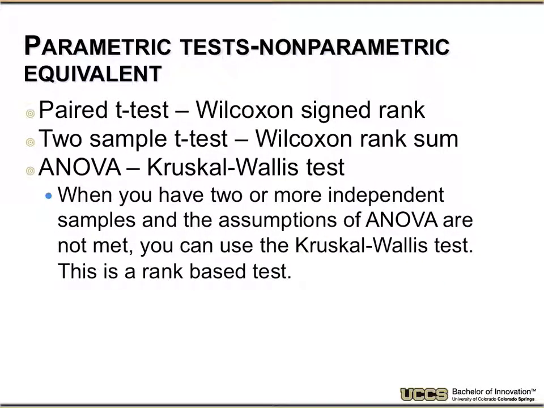Okay, so there's a couple of analogies we're going to do. These are the equivalents. I'm going to spend a lot of time on these first three: the paired t-test, the two-sample t-test, and the ANOVA. Their equivalents in the non-parametric form are the Wilcoxon signed rank test, the Wilcoxon rank sum test, and the Kruskal-Wallis test. Once you understand how and when to use each of paired, two-sample, and ANOVA, you actually understand how to use the Wilcoxon signed rank, Wilcoxon rank sum, and Kruskal-Wallis tests.